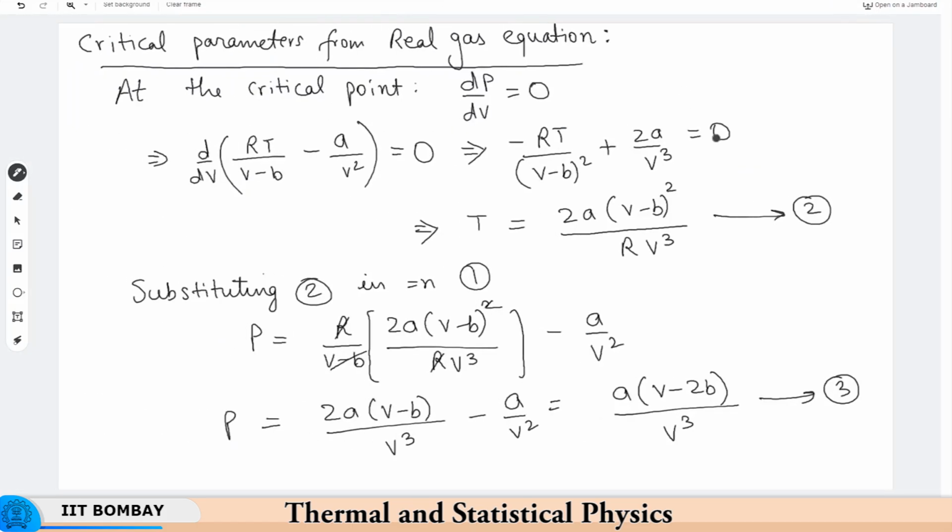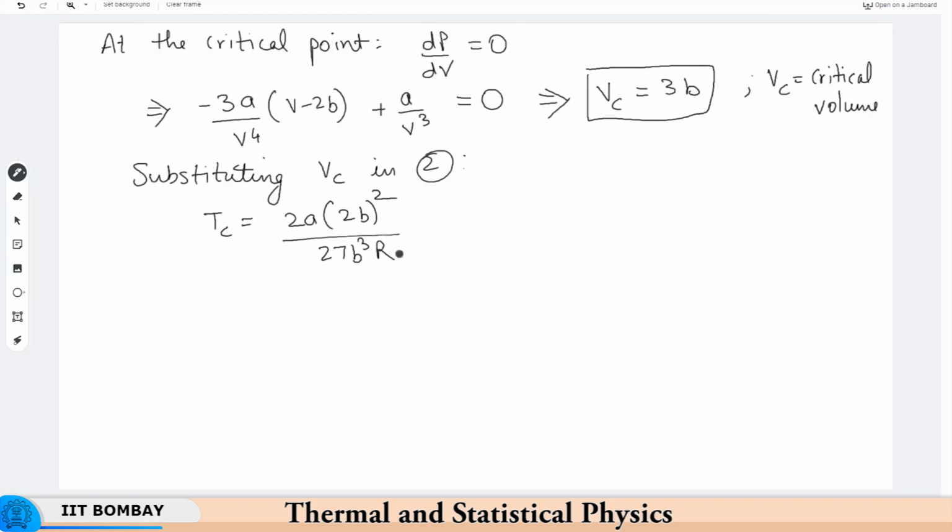So all I have done is substitute Vc here, and we get Tc. And if you simplify this a little bit, this basically becomes 8A divided by 27BR, and this is our critical temperature.